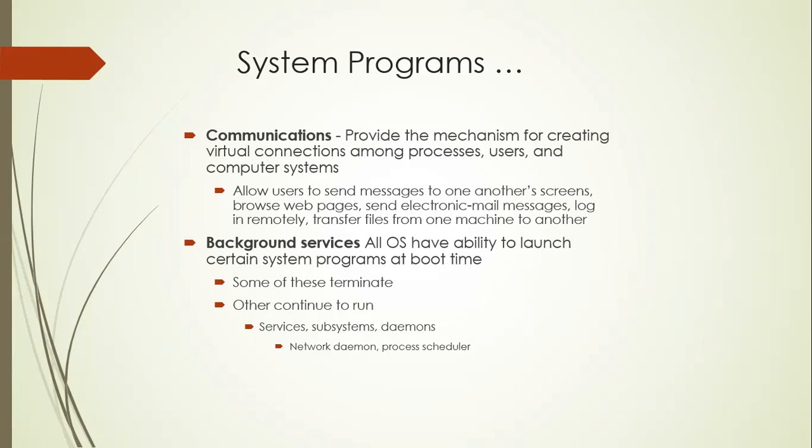Using these programs, we can browse web pages, send email messages, and remotely log into different systems. Moreover, we can transfer files from one computer to another over some network. So all the mechanisms which support communication between processes, users, or computer systems are known as the communication system programs.